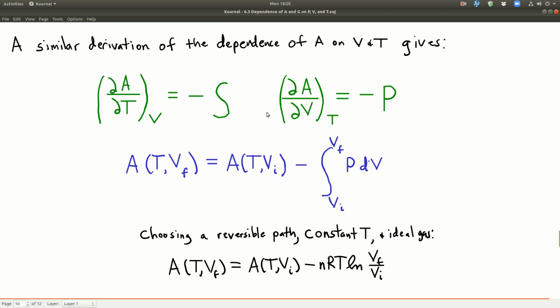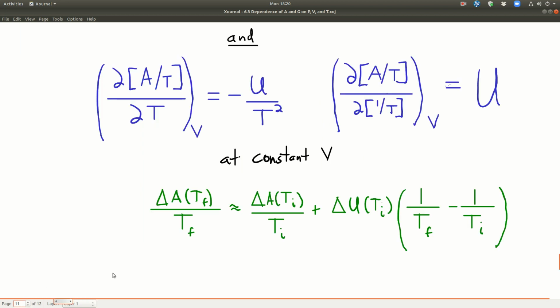You should go back and do these derivations. They follow directly the way that we did it for Gibbs energy. Likewise, just like we got the relationship between Gibbs energy over temperature and enthalpy, you can do the same thing for internal energy with Helmholtz energy. Partial A over T, partial T constant V equals negative internal energy over T squared, or partial A over T, partial 1 over T constant V equals just internal energy.